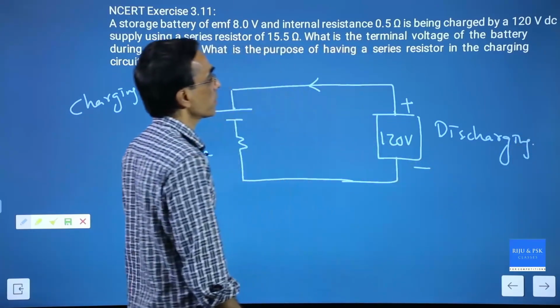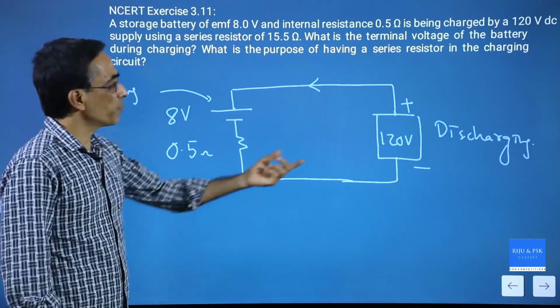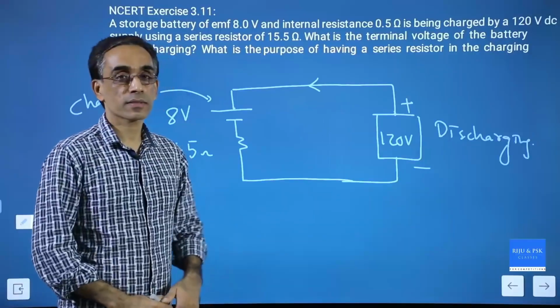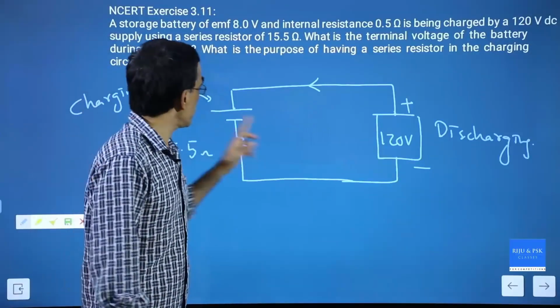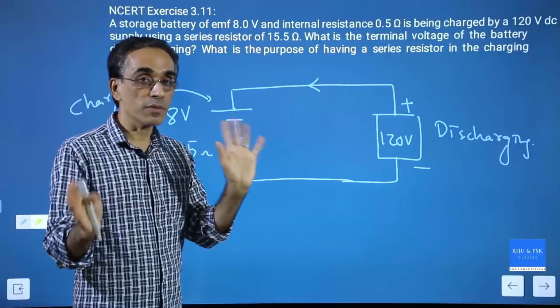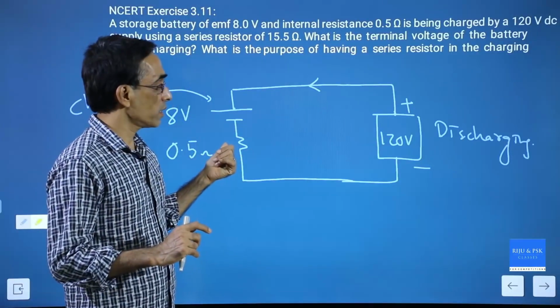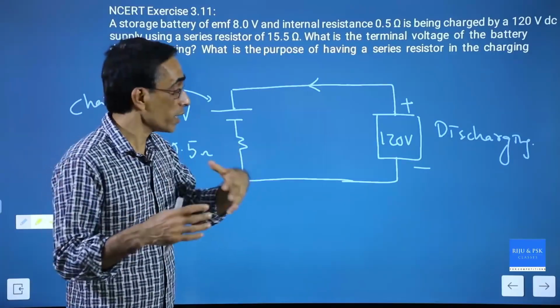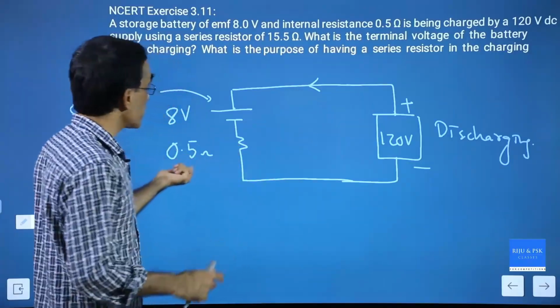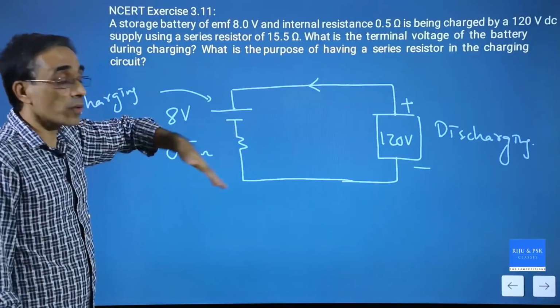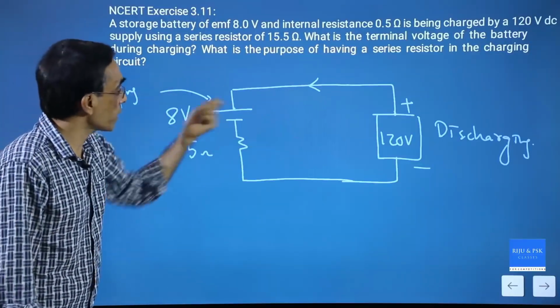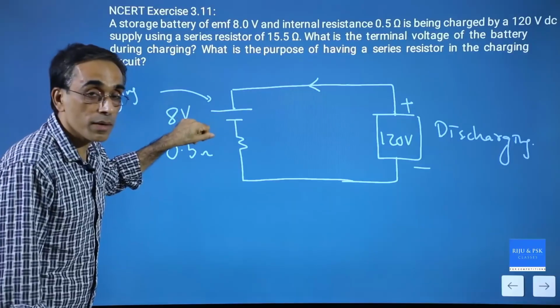Okay, what will happen if you directly connect like this? You can see 120 and 8, there is a large potential difference, 120 minus 8, 112 volt, and there is a very small resistance. So the current will become very, very high. The moment you connect it like this, this cell will get damaged.